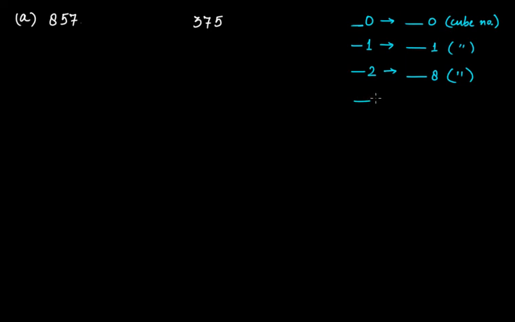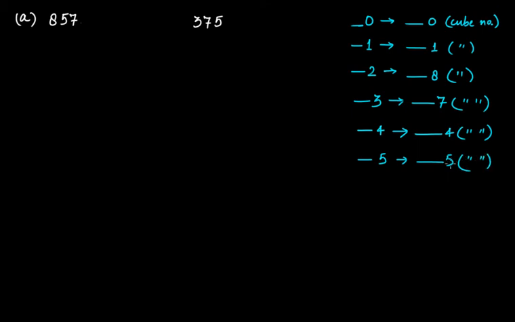If your number ends in 3, its cube ends in 7. It means that if your cube number ends in 7, its cube root ends in 3. If your number ends in 4, its cube ends in 4, so a cube number that ends in 4 has a cube root that ends in 4. If it's 5, the cube number also ends in 5, so the cube root also ends in 5.